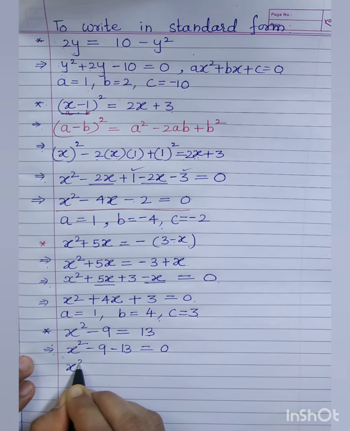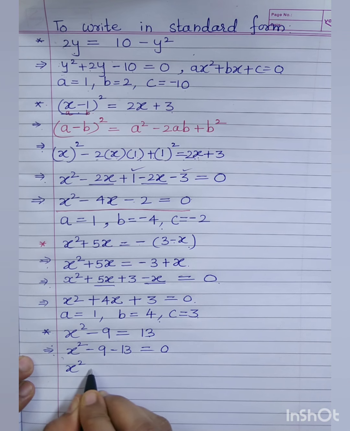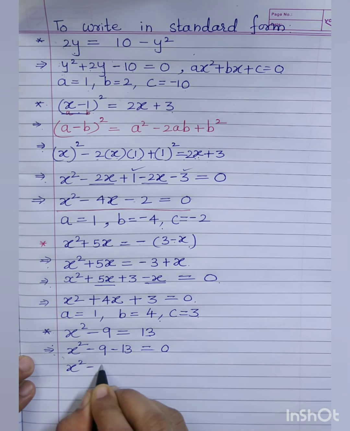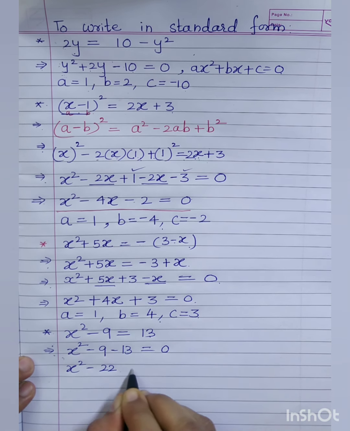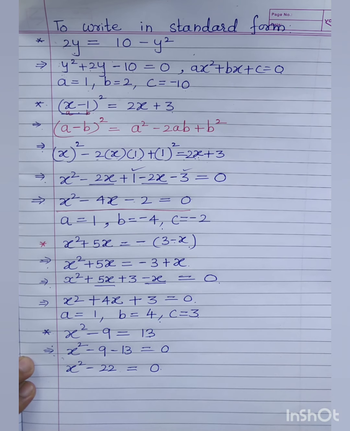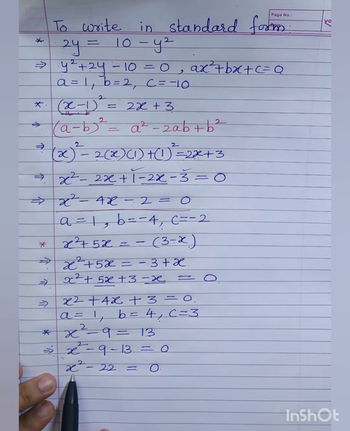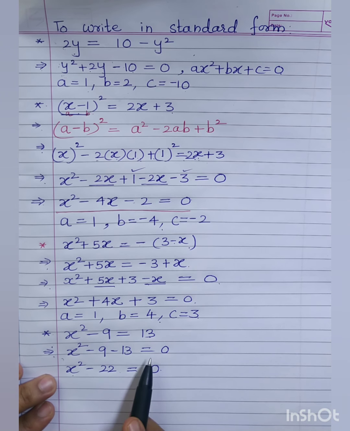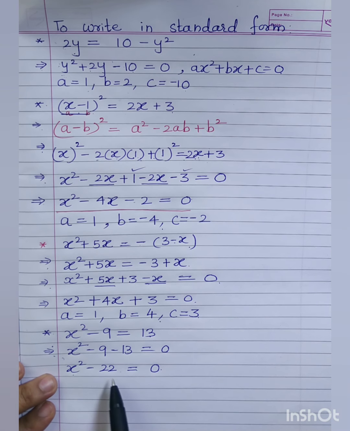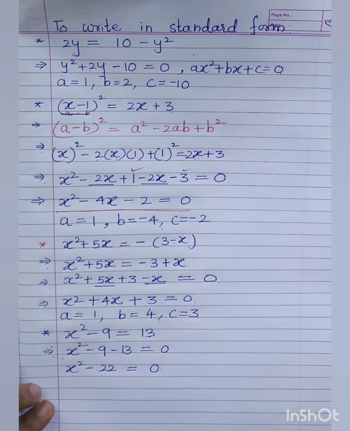Will you have x square minus 22 is equal to 0. Is it a quadratic equation? Yes, because one variable is used and its degree is 2. Then why does it look different? Because the middle term bx is missing.